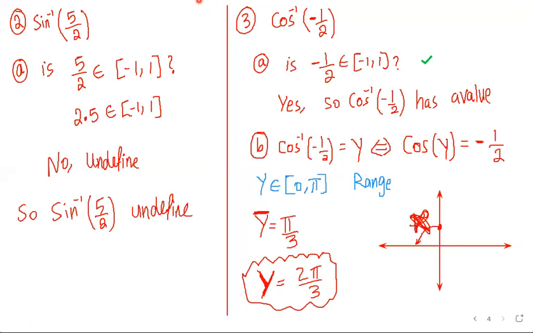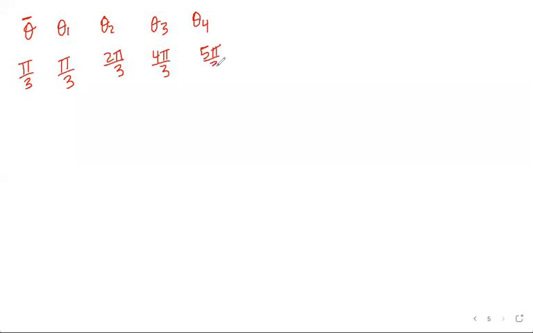So let me give you the table again. The table says if the angle reference is pi over 3, then in the first quadrant the angle would be pi over 3. The second quadrant is 2 pi over 3. The third quadrant would be 4 pi over 3, and the fourth would be 5 pi over 3.